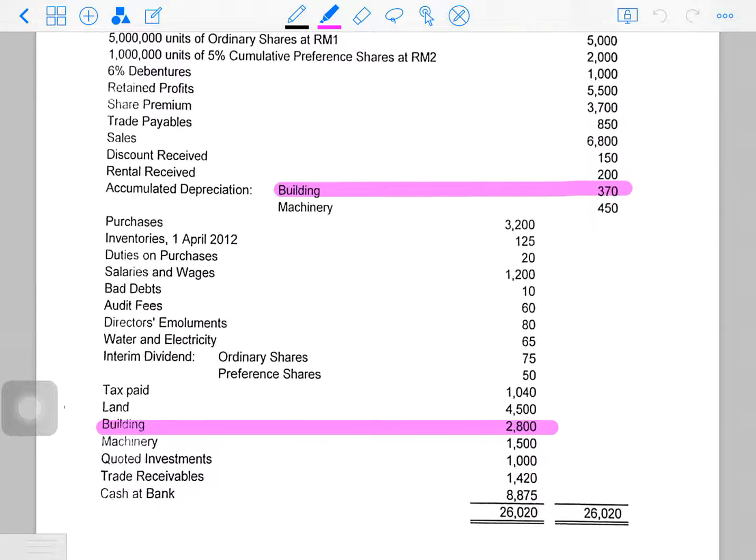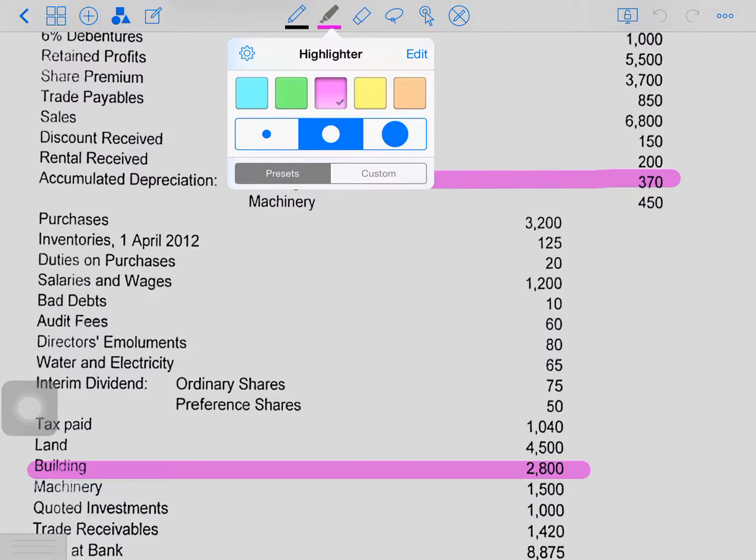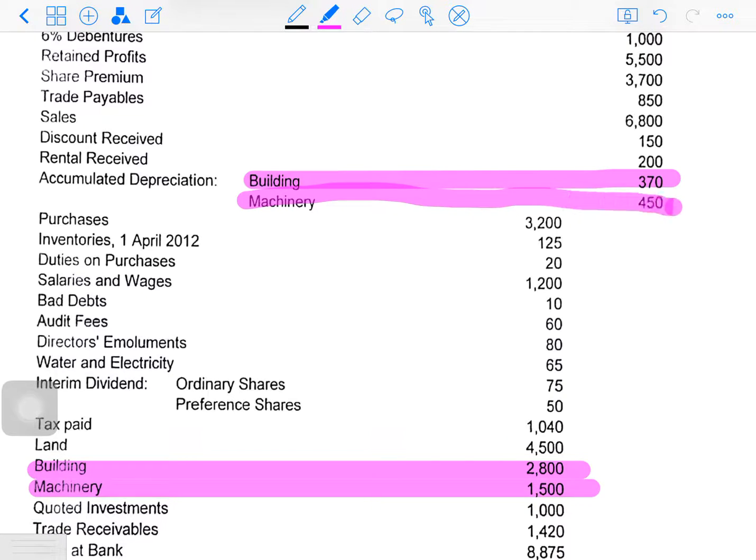If you take a look here, machinery has a cost of 1,500,000 and depreciation of 450. So the net book value is 1,500,000 minus 450.